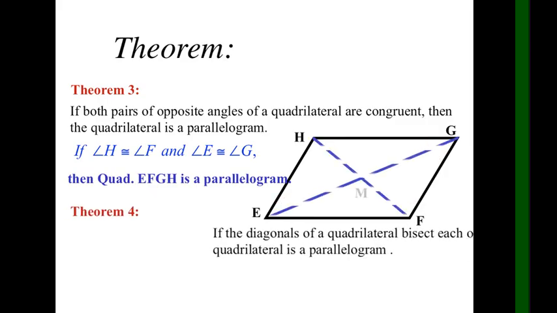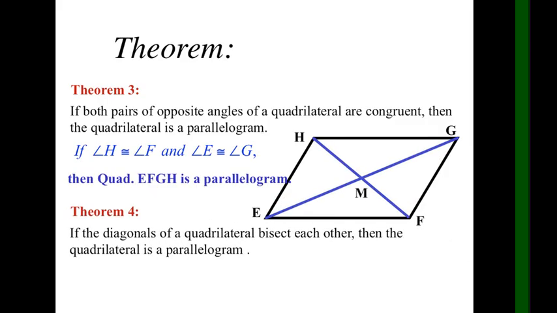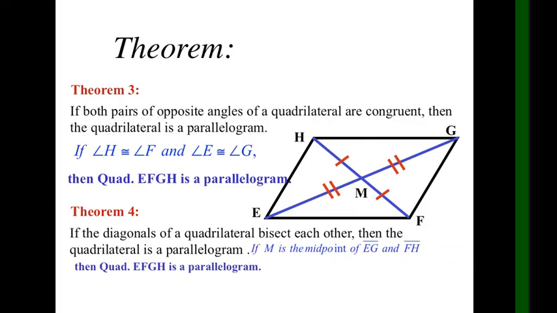Theorem number 4: if the diagonals of a quadrilateral bisect each other, then the quadrilateral is a parallelogram. So we have this: if M is the midpoint of line segment EG and line segment FH, which are the diagonals of the given quadrilateral, then it is a parallelogram.